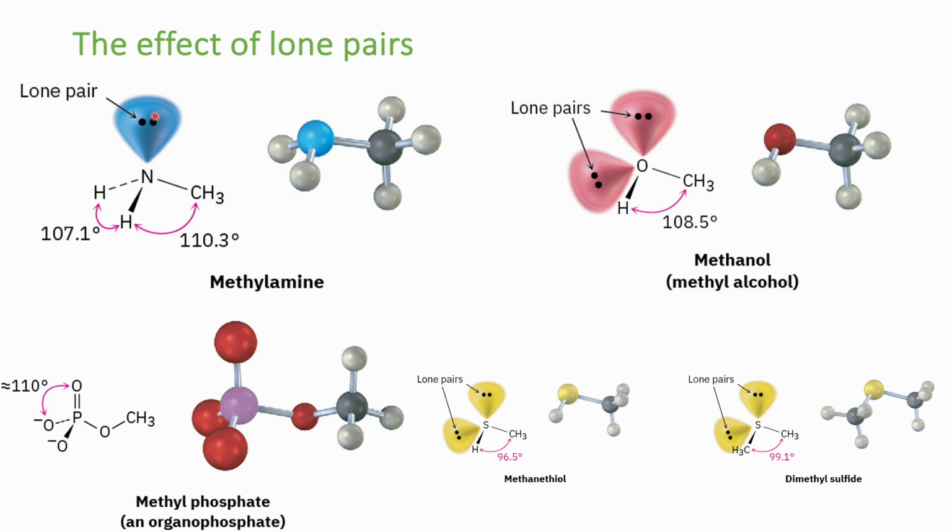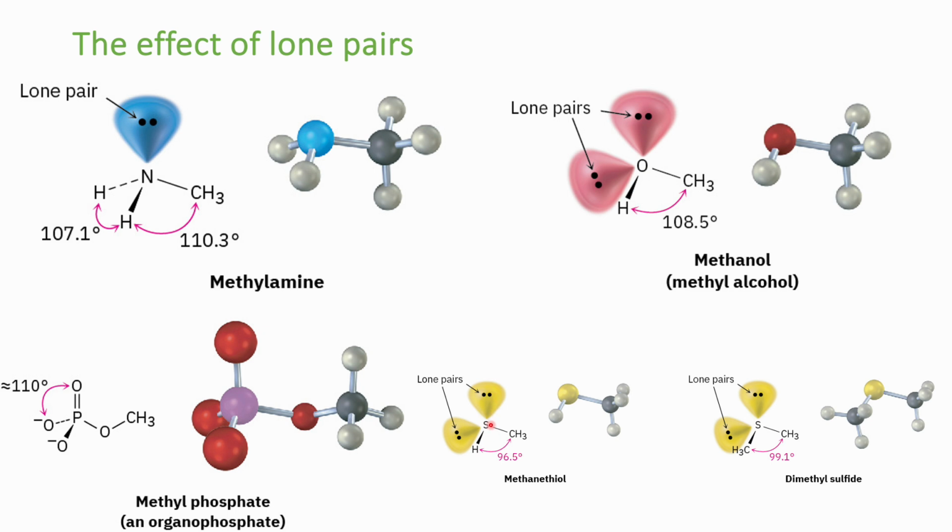In addition, this lone pair is actually pushing down because lone pairs want as much space as they can have. And it's repelling and pushing these bonds a little bit closer to each other. The same thing with this oxygen, which also has sp3 hybridization around it, but its bond angles are smaller than 109.5 because these lone pairs are really affecting those bond angles.